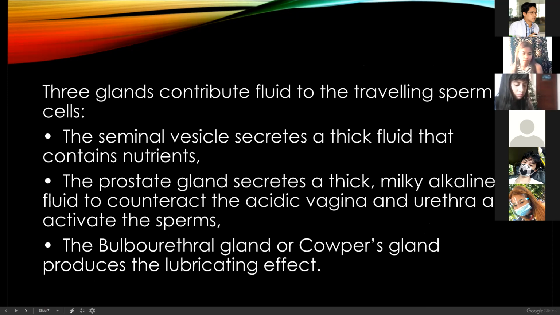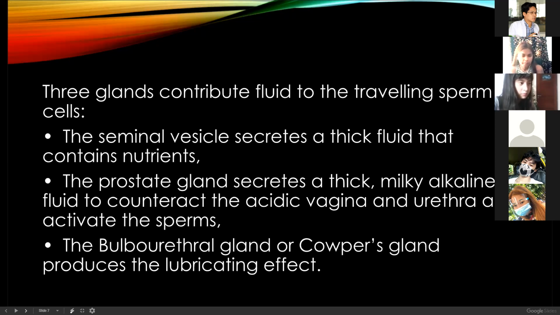The seminal vesicle secretes a thick fluid that contains nutrients, to give nutrients to the sperm. The prostate gland, on the other hand, secretes a thick alkaline fluid to counteract the acidic vagina and the urethra and activate the sperms.